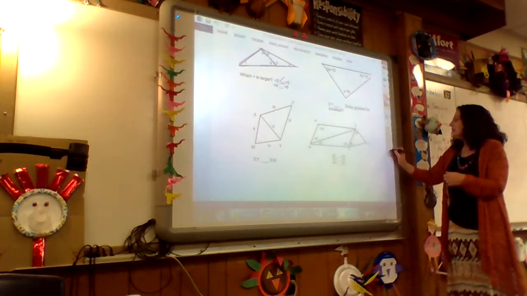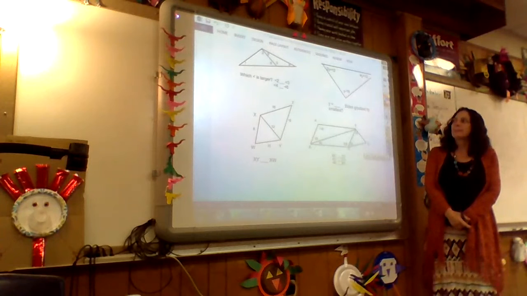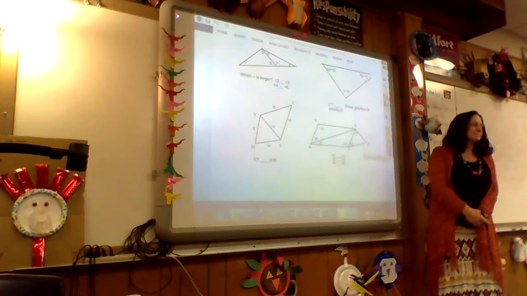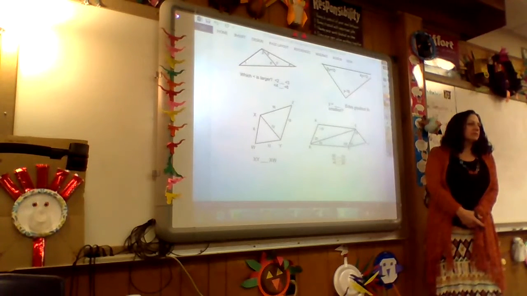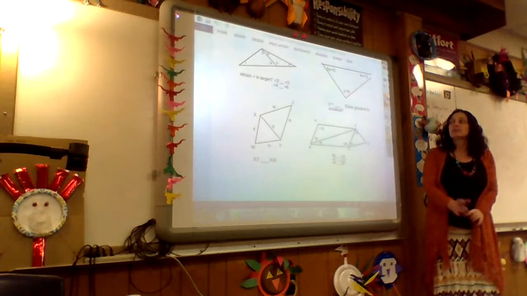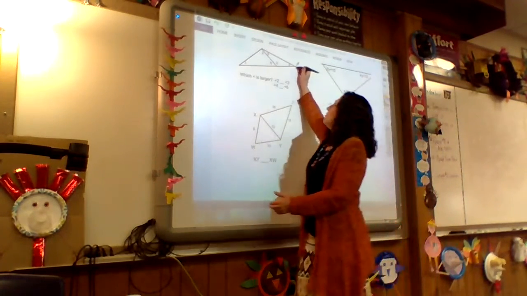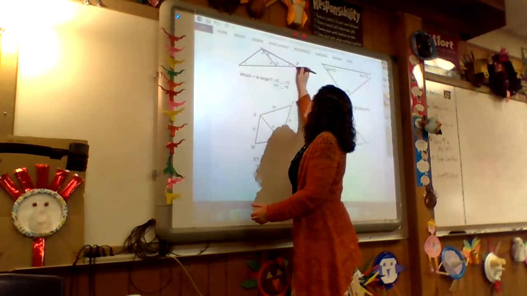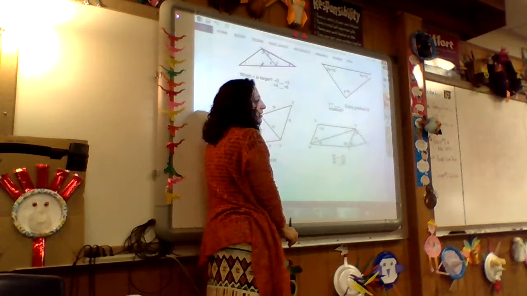Okay, good job. Next, 4 and 6. Can we compare them? Yes. Angle 6 is an exterior angle, same thing but reverse. This time you're really having to look carefully: angle 4 is inside of this triangle, where angle 6 is an exterior angle.